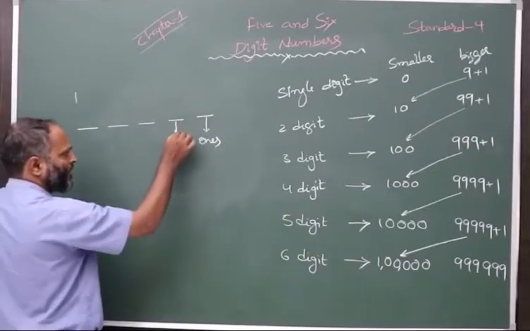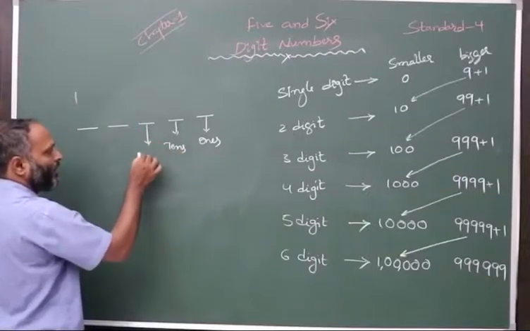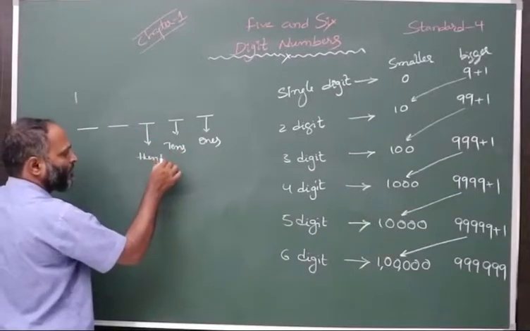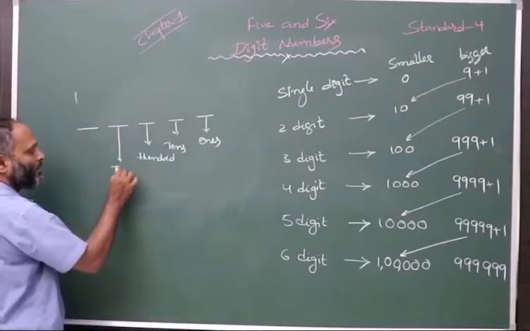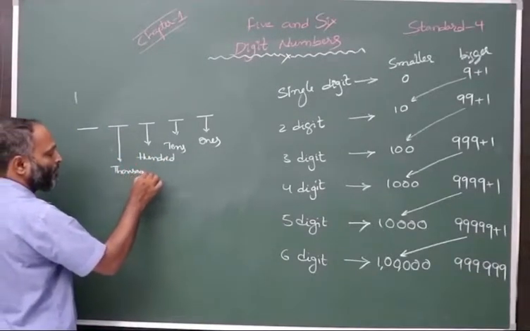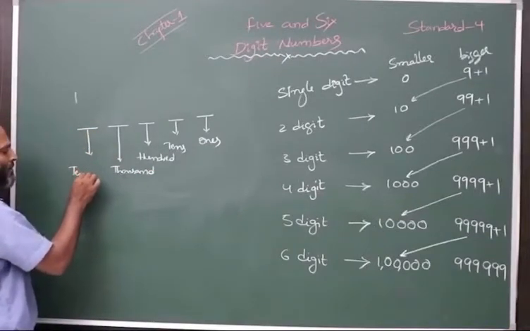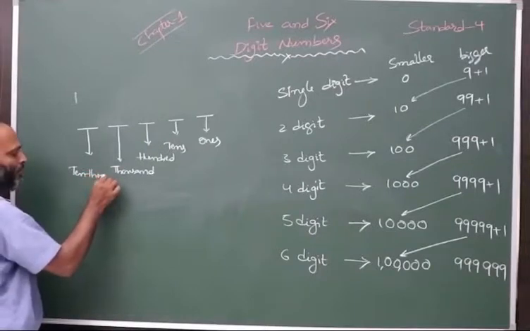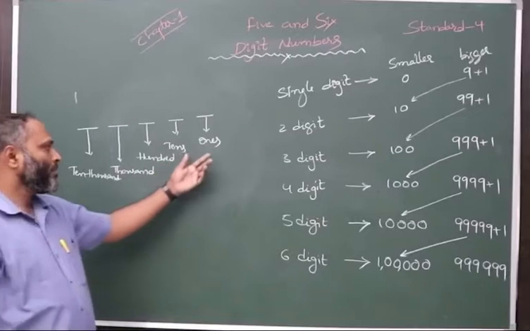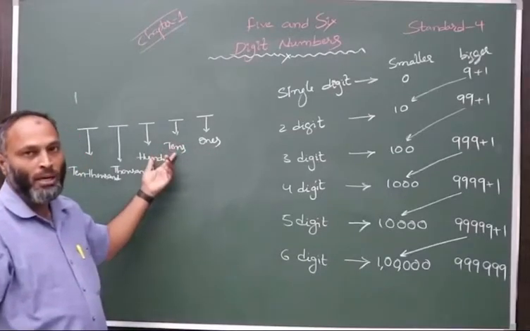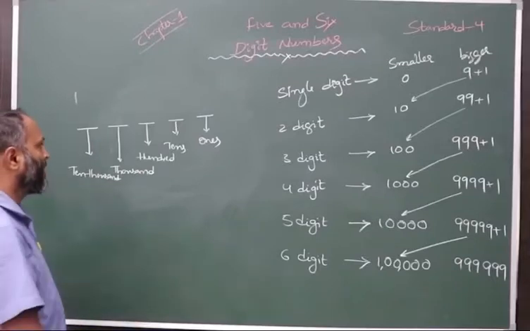This is tens place. This is hundreds place. This is thousands place. This is ten thousands place.